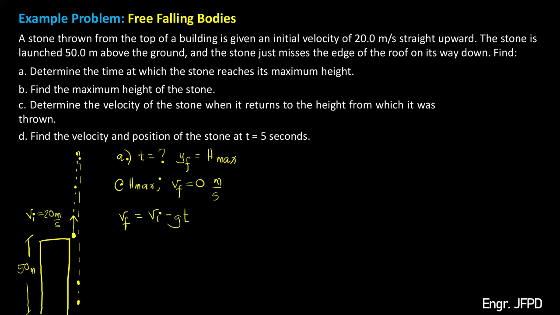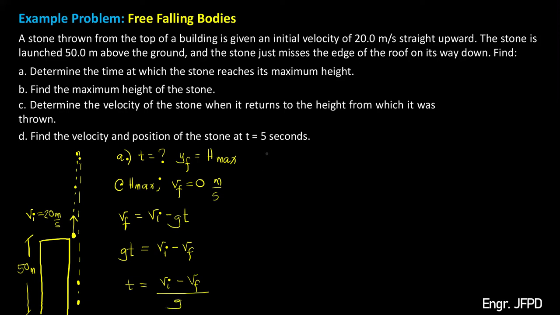Transposing negative gt, that becomes a positive gt, is equal to Vi. Transposing Vf to the right side of the equation, that is minus Vf. Then divide both sides of the equation by g. And our time t now will be Vi minus Vf all over g.